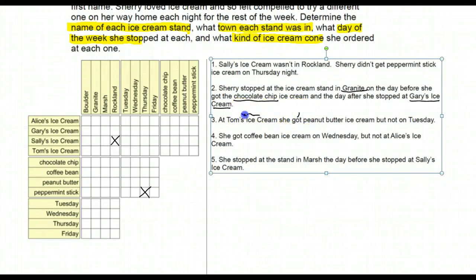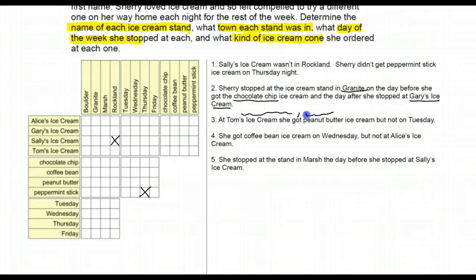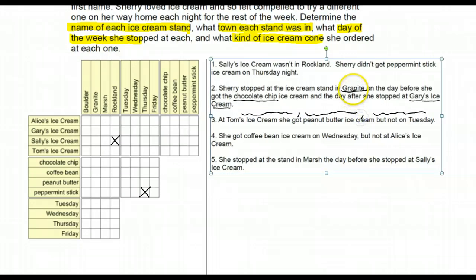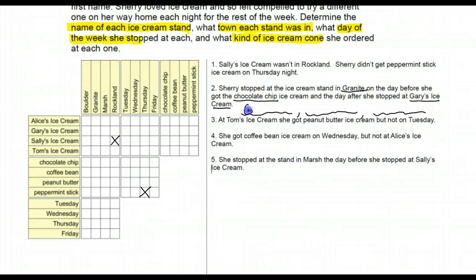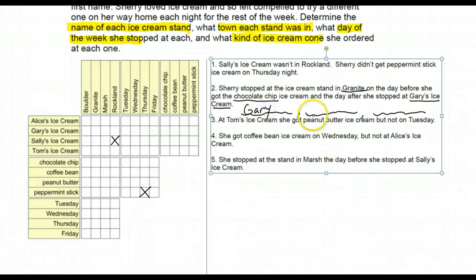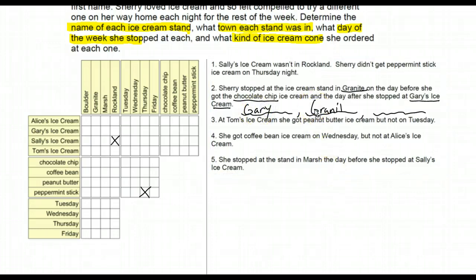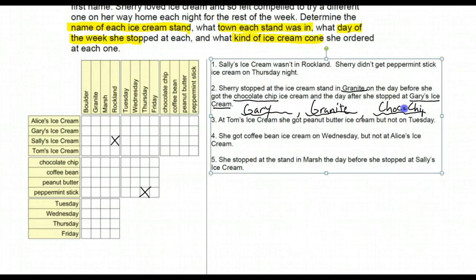There's going to be something, followed by something, followed by something. So if we read this, she stopped in Granite the day before chocolate chip, so it has to go Granite, then chocolate chip, and the day after Gary's. Well, if she stopped in Granite the day after Gary, Gary has to be first, followed by Granite, followed by chocolate chip.